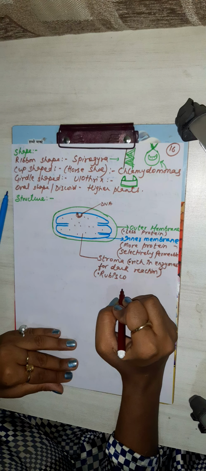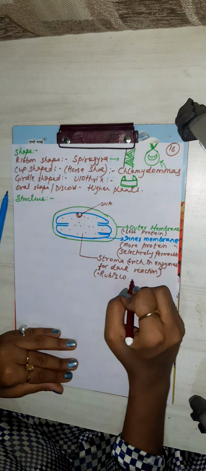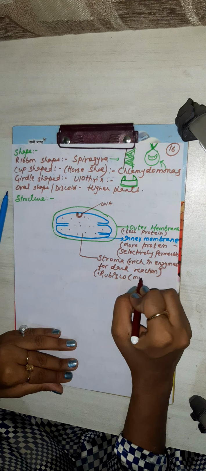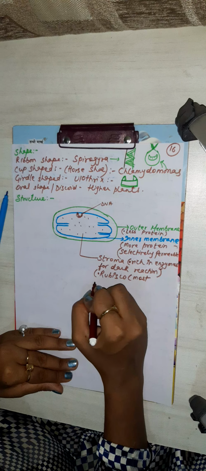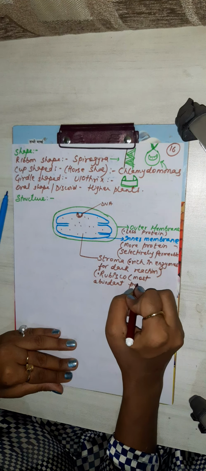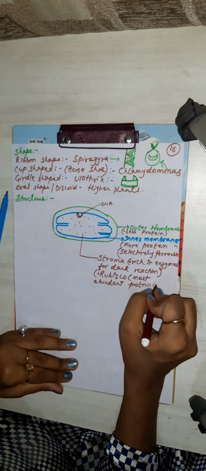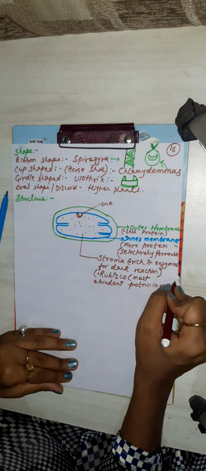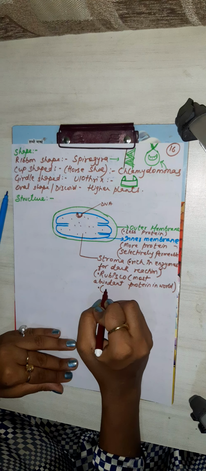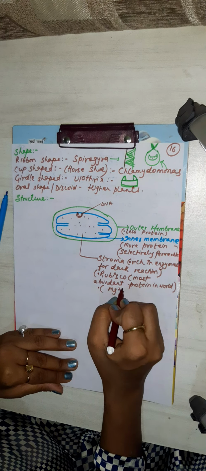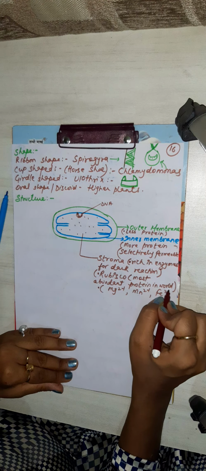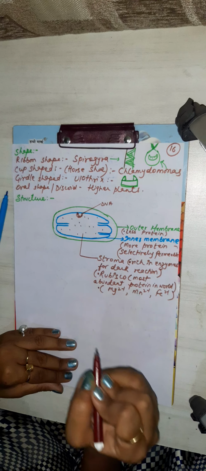Ribulose phosphate carboxylase oxygenase. It is the enzyme, the most abundant protein in the world. And stroma also contains divalent ions. So this is about stroma.